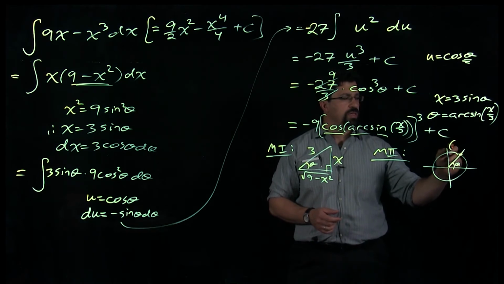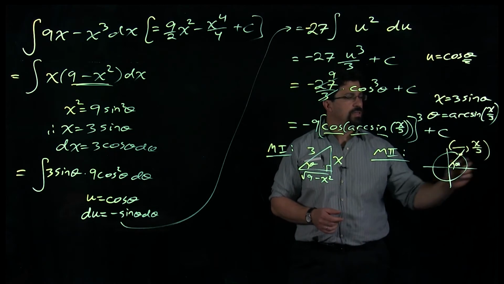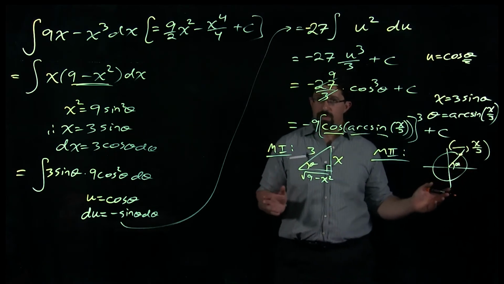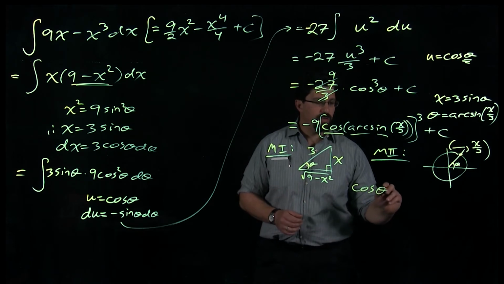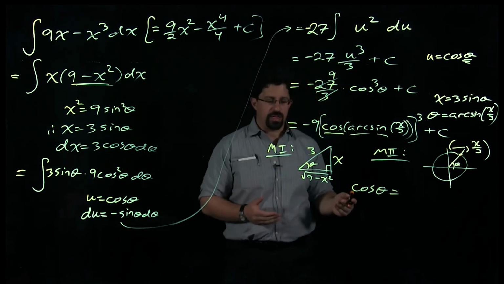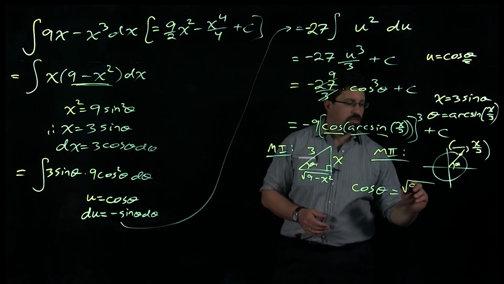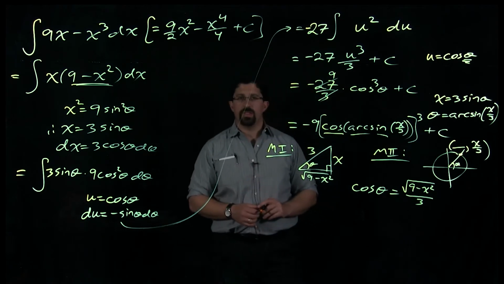This is going to be cosine, comma, sine. One way or another, I'm going to get cosine of theta, cosine of arcsine, is equal to the square root of 9 minus x squared all over 3.